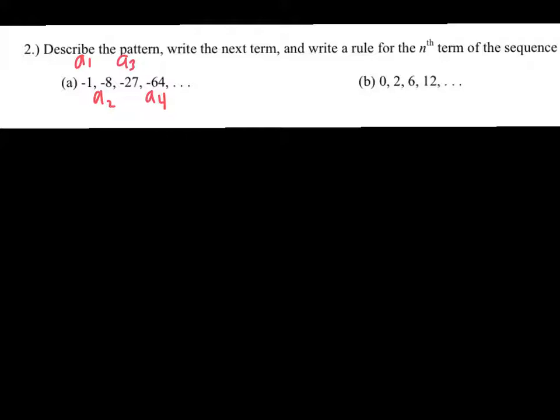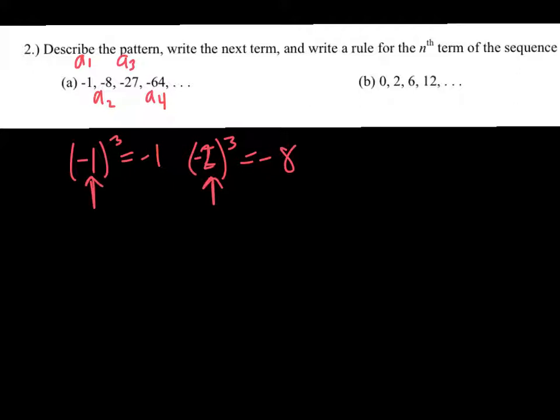But in this case, -1 cubed equals -1. -2 cubed equals -8. So these are my n values.